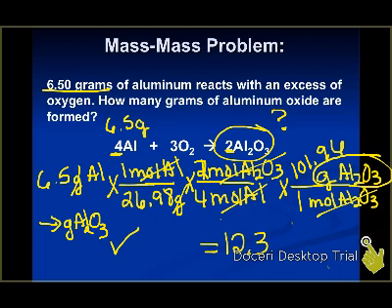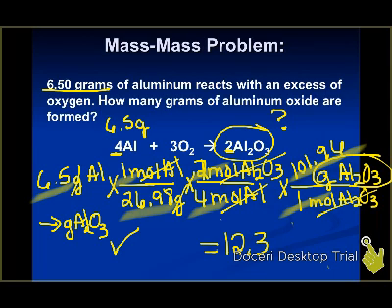So again, I did 6.5 times 1 divided by 26.98 times 2, divided by 4, times 101.96, divided by 1.